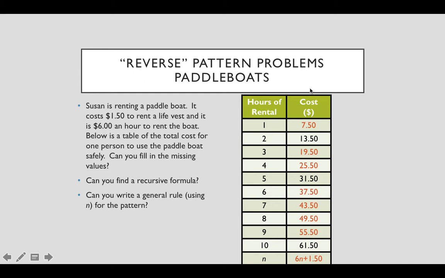Even before I even start. Before I've spent any time on the boat, the first thing I have to do is pay that life vest. Now, that's a one-time cost. So even when you haven't rented any hours in the boat, you're still paying $1.50, and then every hour that you spend in the boat is $6. So it makes sense that I start with $1.50 and then I go up by $6 every time.